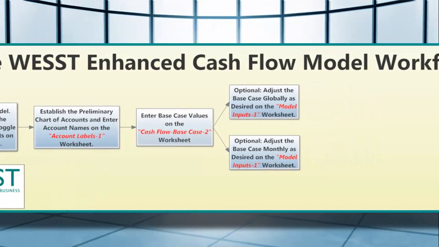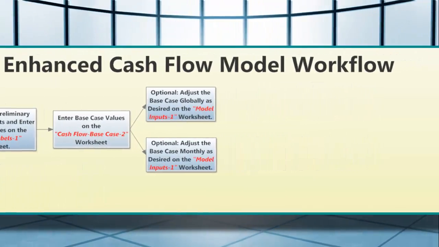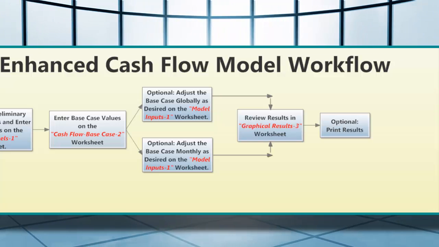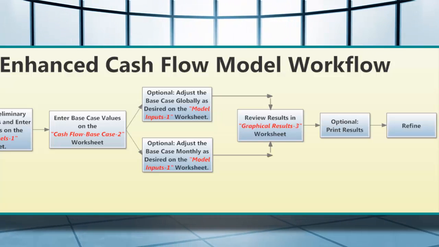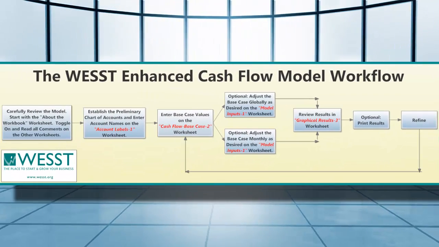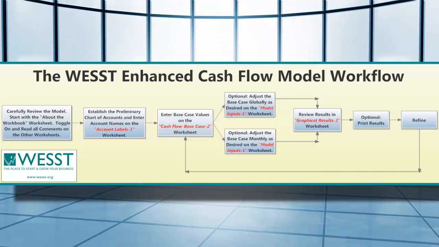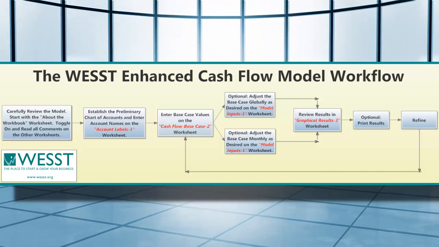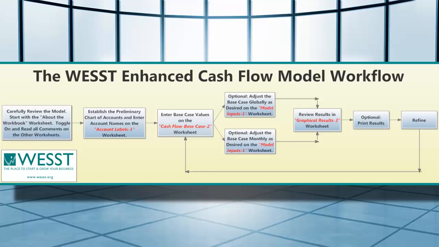Upon making adjustments, if any, the user can then review the results, print, and refine the adjustments as desired. Refinements can be made in either the Cashflow Base Case -2 worksheet or in the Model Inputs -1 worksheet.